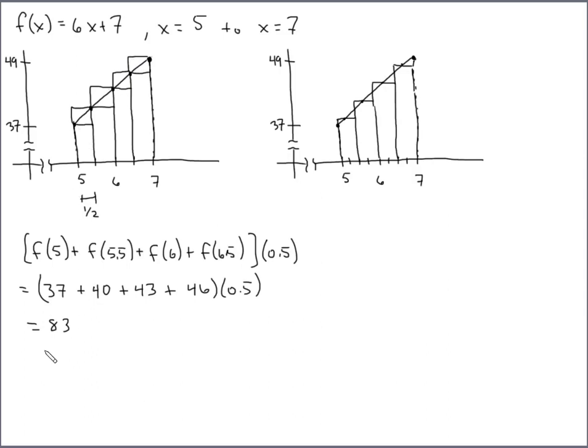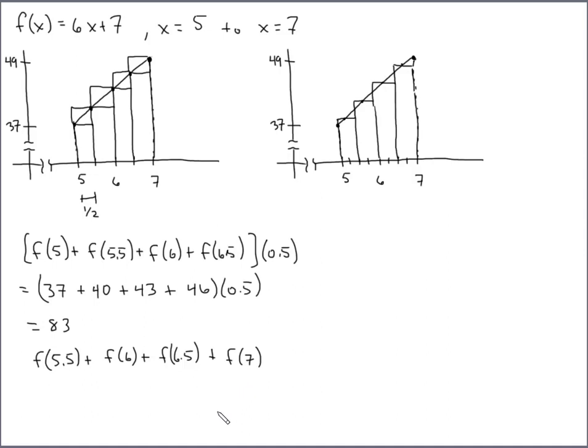To find that right endpoint approximation, the first one that we plug in to determine the height of a rectangle is at 5.5. So we say f of 5.5 plus f of 6 plus f of 6.5, and then the last one, we plug in f of 7. We're just shifting everything over for the right endpoint approximation.